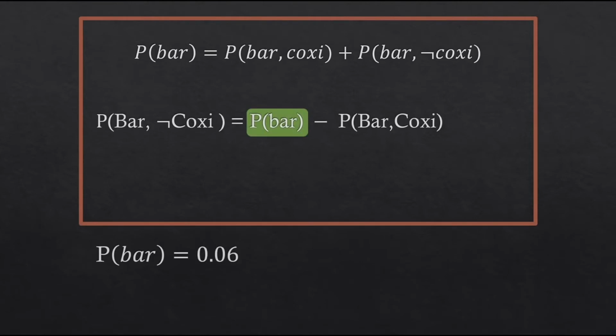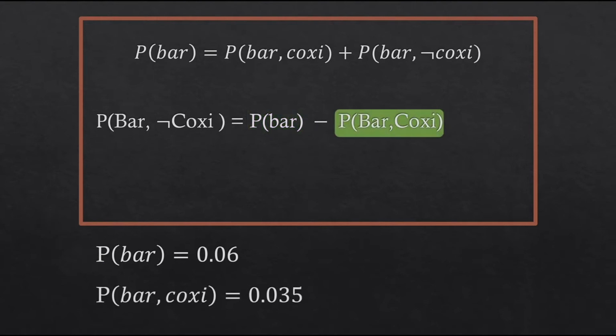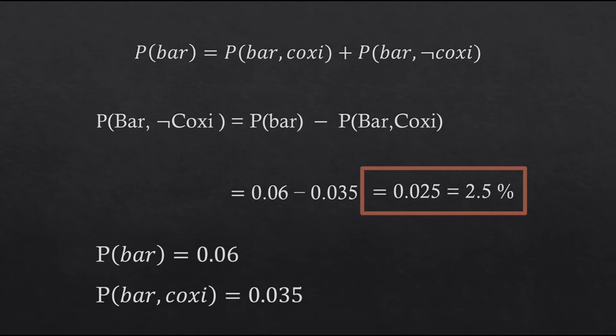Here you use the probability that someone frequents the bar, which is already given through the sum rule and is 0.06, and subtract that by the probability that someone frequents the bar and is a Coxi, which is our solution from part A. This equals 0.025, which in conclusion means that the probability that someone frequents the bar and is not a Coxi is 2.5%.